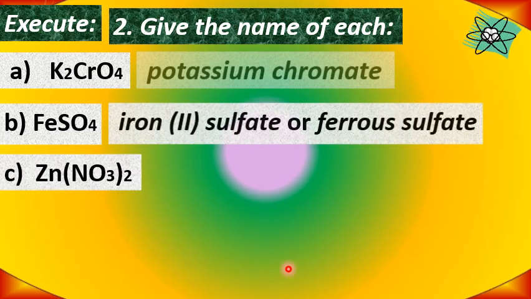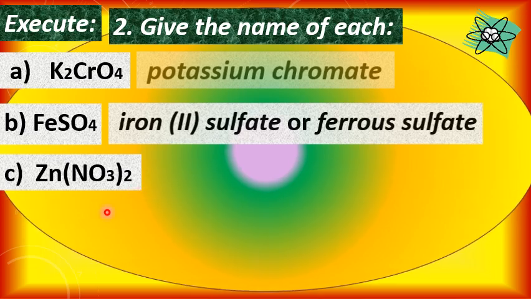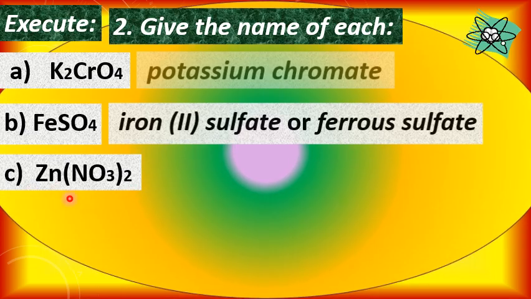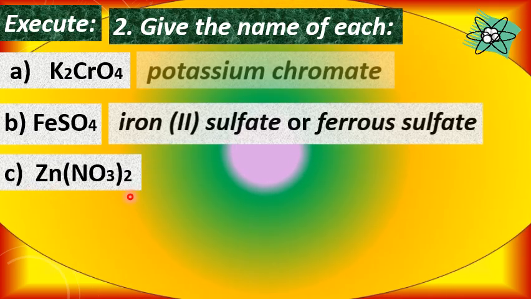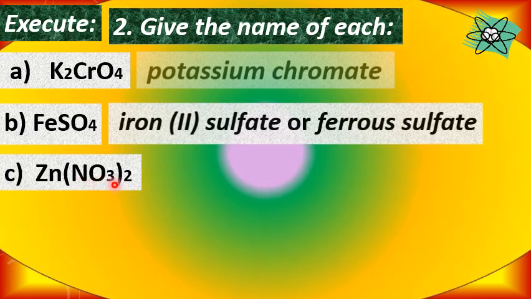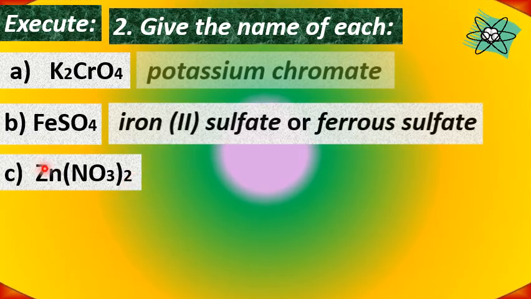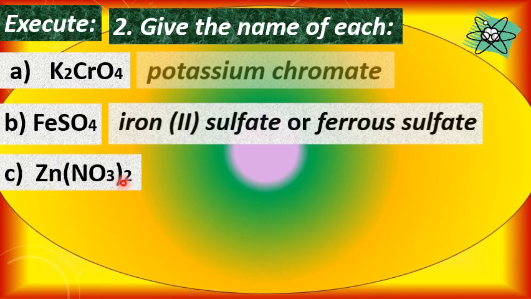For letter C, we are given the formula Zn(NO3)2. From the formula, it's obvious that the subscript 2 of NO3, which is nitrate, is in fact the positive charge of zinc, positive 2, which when crisscrossed becomes the subscript of nitrate.